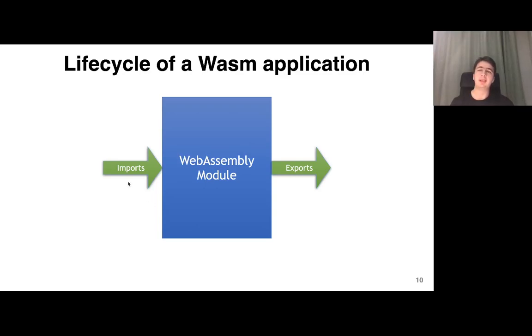Imports specify which services of the browser or of a standalone WebAssembly runtime can be used by this module. An export provides a way to communicate and to call functions from the WebAssembly module from the host. The host here is also, for example, a browser or a standalone WebAssembly runtime.